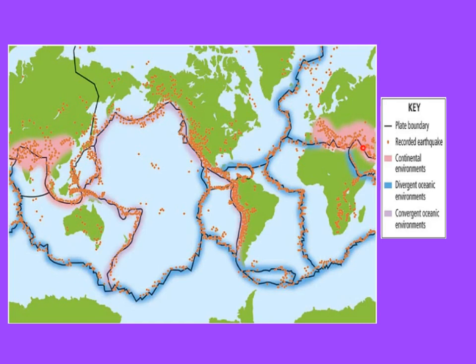And then this whole pink area here are the continental environments. And you kind of see that's where India is crashing into Asia, where the Himalayas are growing. But one of the big things about this whole area right here is that it has a lot of earthquakes and volcanoes, and that is known as the Ring of Fire.